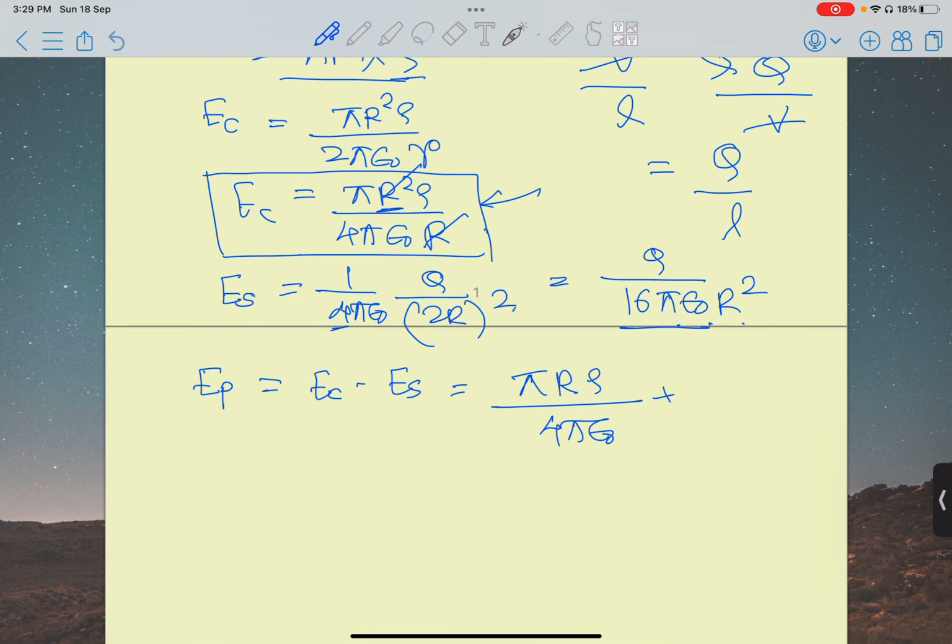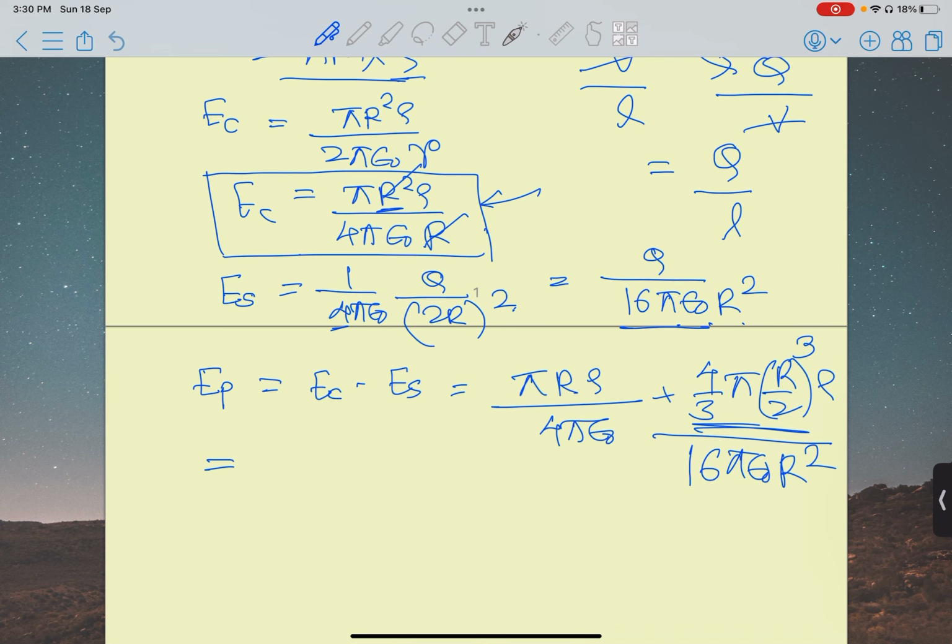The charge on the sphere can be found easily. What is the volume of the sphere? 4 by 3 pi into R by 2 cube, into the volume charge density of the cylinder, because we are taking the sphere from the cylinder, so its charge density will be the same as the charge density of the cylinder. So this is what we have replaced for Q divided by 16 pi epsilon naught R square. We will simplify it a bit.